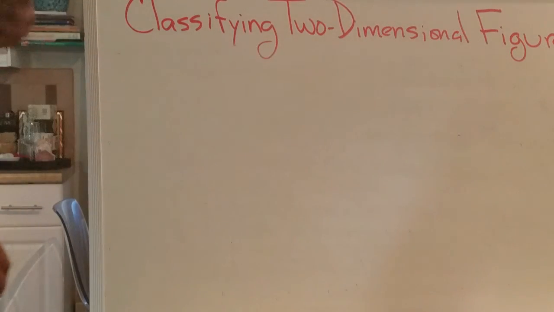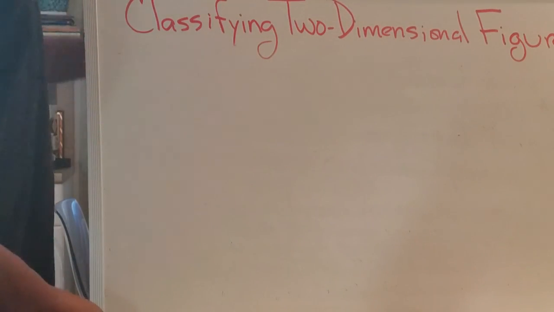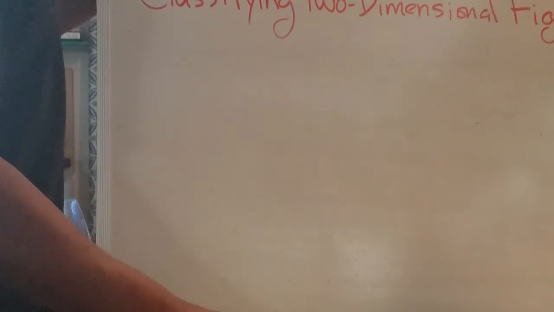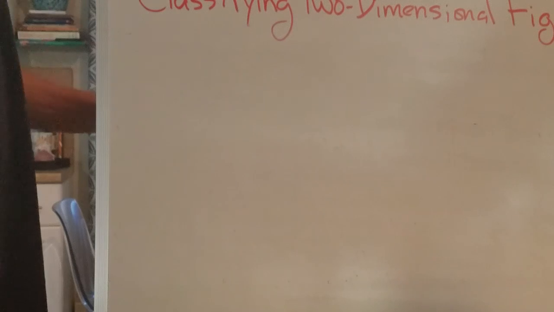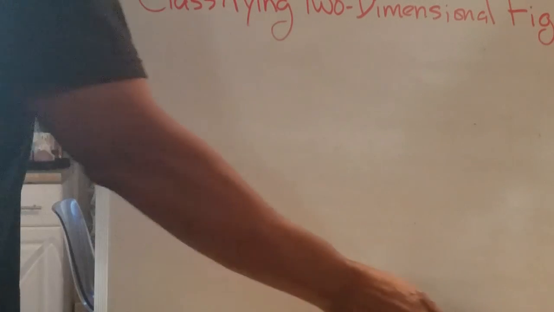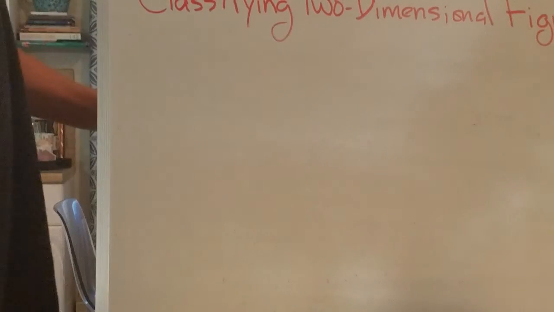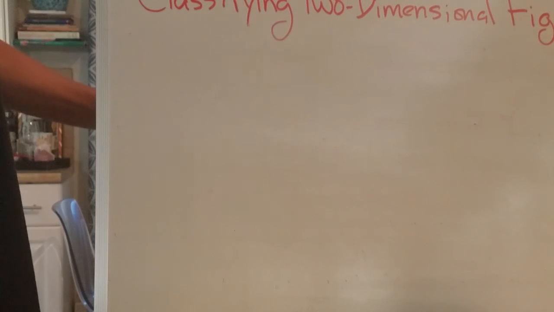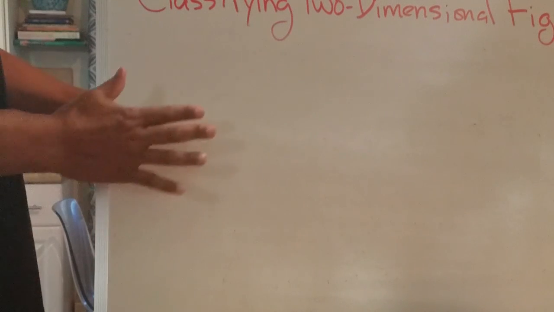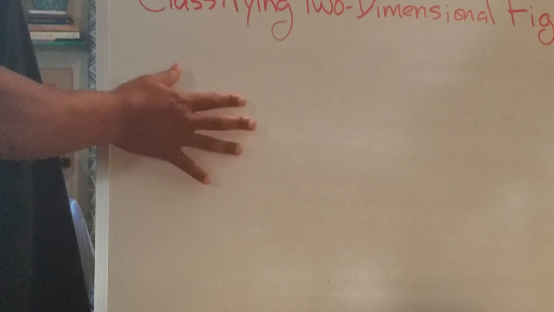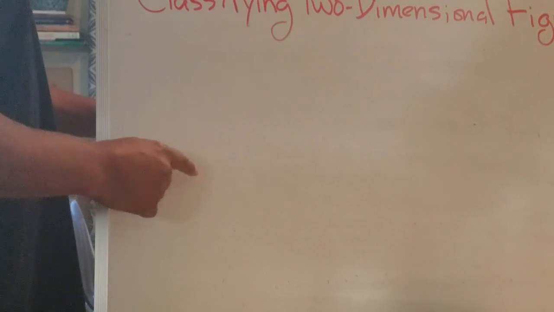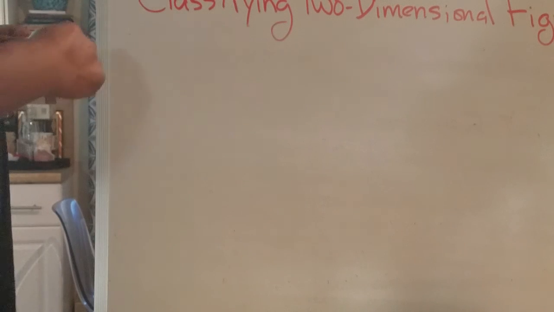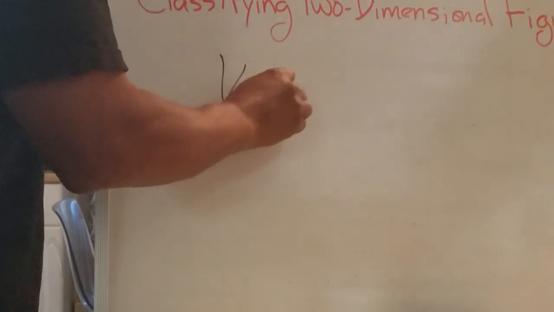And through the magic of the camera, I can erase real quickly. And I want to talk about actually classifying these two-dimensional figures. Now I say two-dimensional figures because there's a difference between two-dimensional versus three-dimensional. And we'll talk about that next week, because next week we'll be talking about volume.